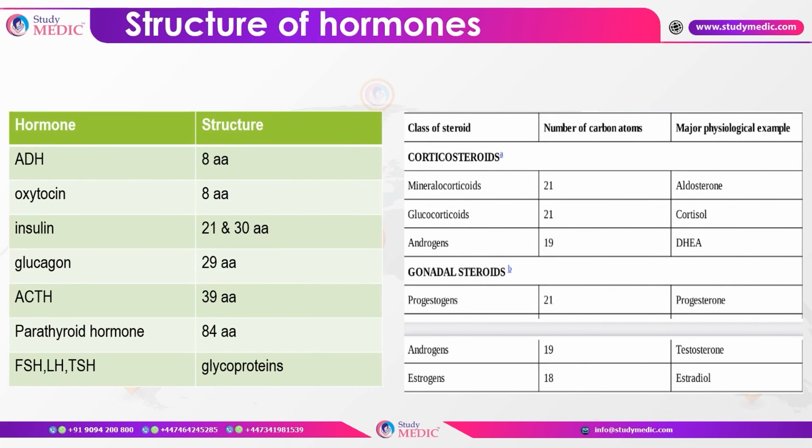The next few slides are very important for you from the exam point of view. So pause the slide and read the slide very carefully, because here I have given you the structure of the various hormones, the number of carbon atoms present in mineralocorticoids, glucocorticoids, progestogens, androgens and estrogens, and the major physiological example of these steroids.